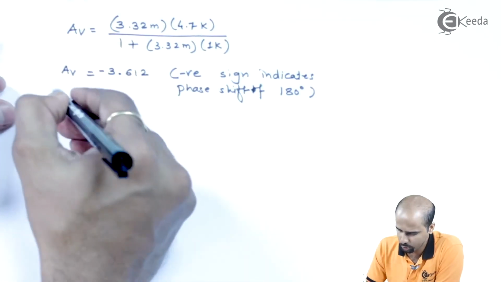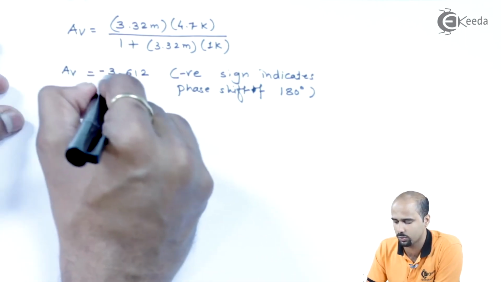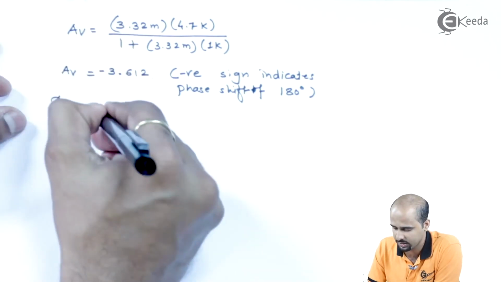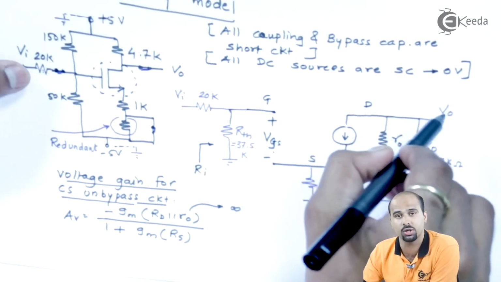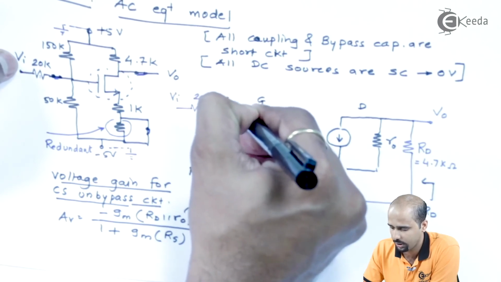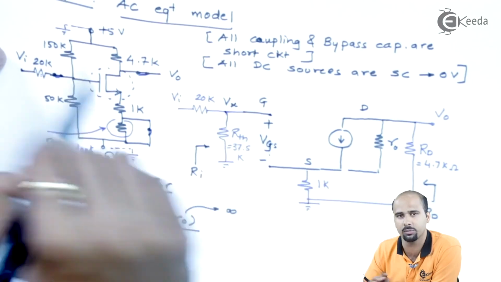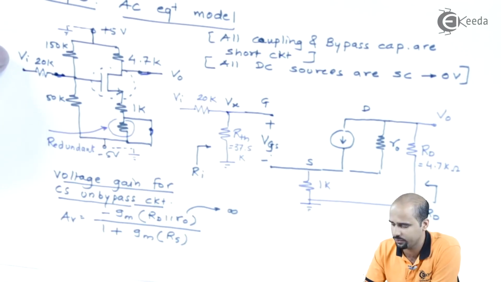But here we don't have to consider Ri right now, because we know that the value of AV is equal to minus 3.612, right? But that is nothing but the ratio between VO and this particular Vx, I can say. Okay, so VO by Vx is nothing but your AV by formula, right? But we don't want only VO divided by Vx.